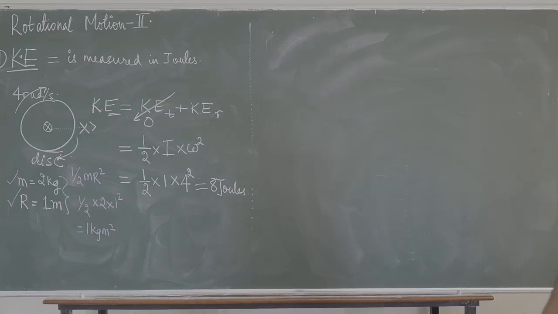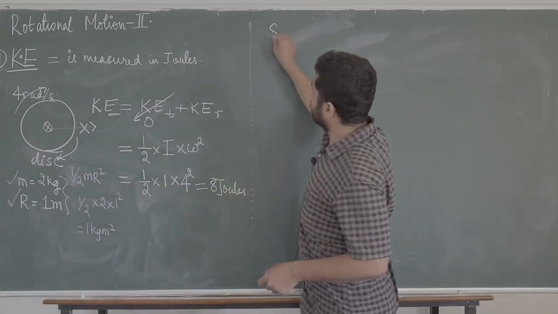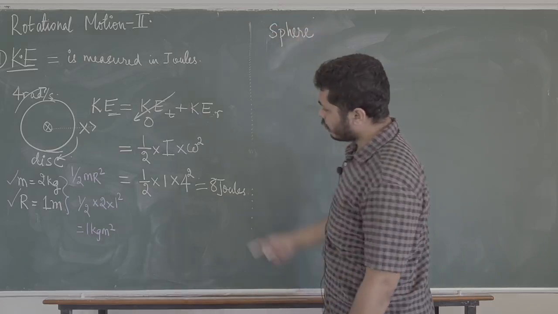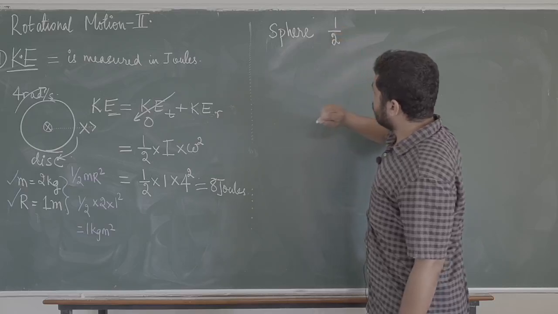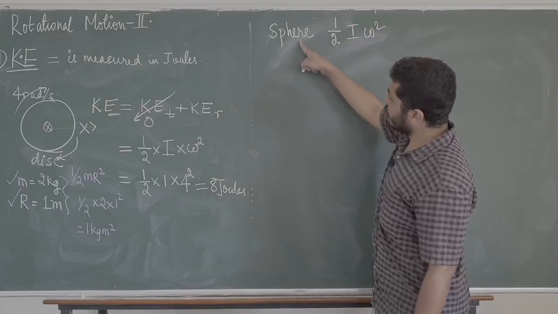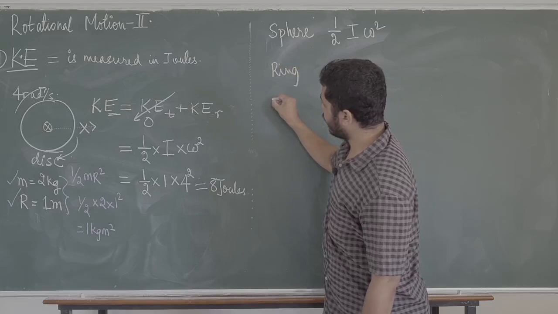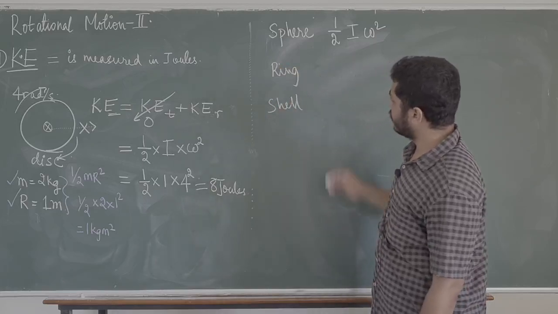In this case, if you take different objects, if you take a disk, a ring, or other things, for example, let's take a sphere. What will change? Kinetic energy is always half I omega square. If you take a sphere, or a ring, or a shell, or anything else, if you take a rod also, what is going to change?